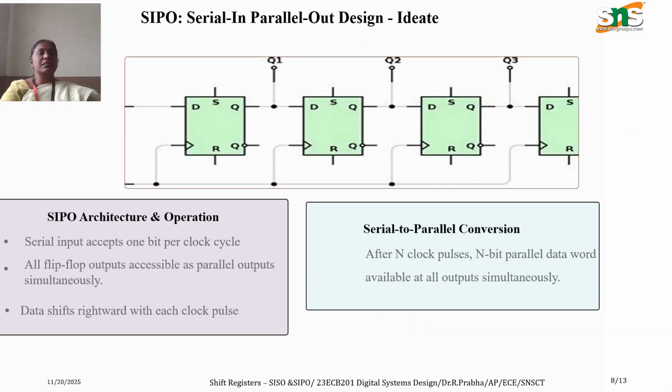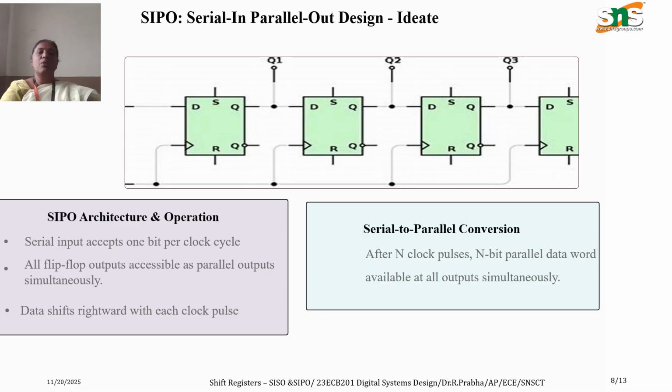And now the next type is the serial in, parallel out shift register. In a serial in, parallel out shift register, the input is taken serially, but we can take the output in a parallel manner. This is very useful in serial to parallel communication. In this case, we have four flip-flops.